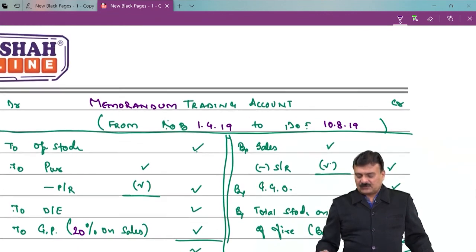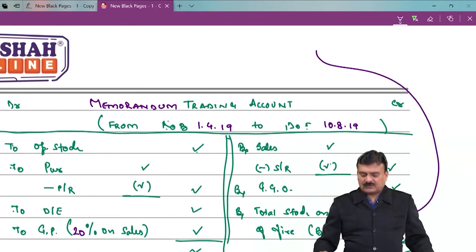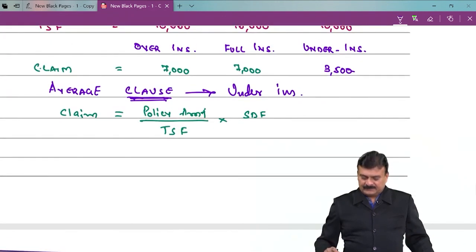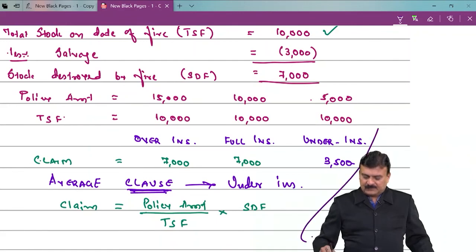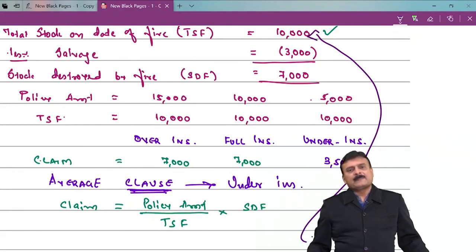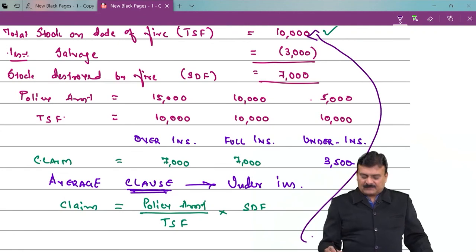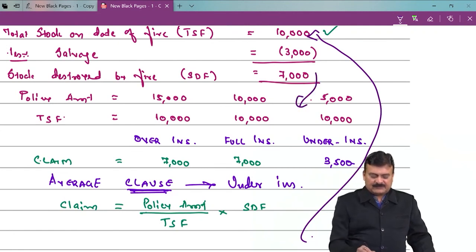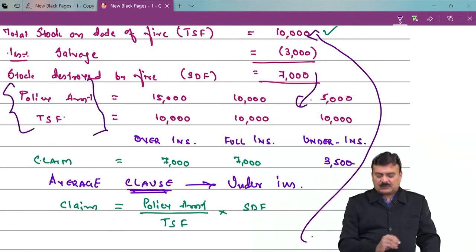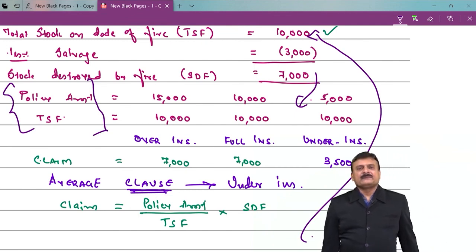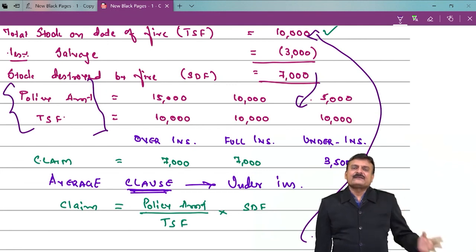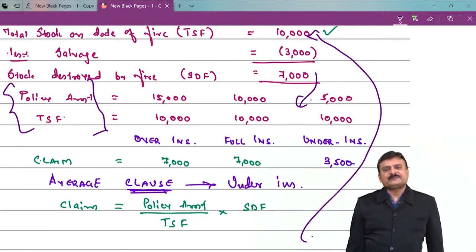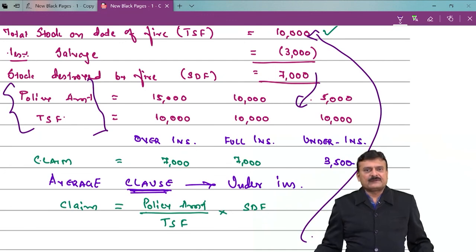After finding total stock on date of fire, I will transfer it to my statement of claim, and this figure will go here. After preparing statement of claim, I will have this comparison. Comparison of what? Policy amount and TSF. It will give you 3 cases, you know now: over insurance, full insurance, and under insurance. Everyone clear?